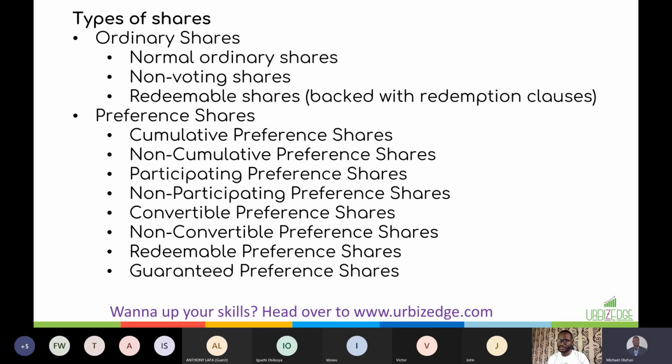I started reading more about it. The conditions for theirs were this: the preference share was 8 naira 50 kobo, with a dividend yield of, let's say, 7.5%.